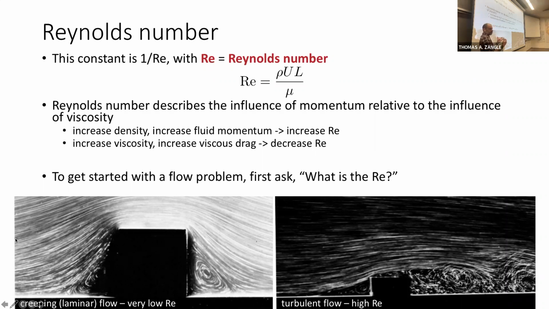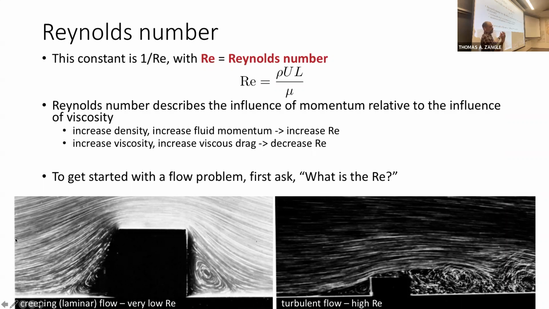So if someone asked you something like, what is the force on a block in cross flow, right? If you have flow coming over it, can you tell me something about what's going on in this flow? Like sketch streamlines, or compute or estimate the force, or anything about this problem. But that same person who asked you this didn't tell you what the Reynolds number is.